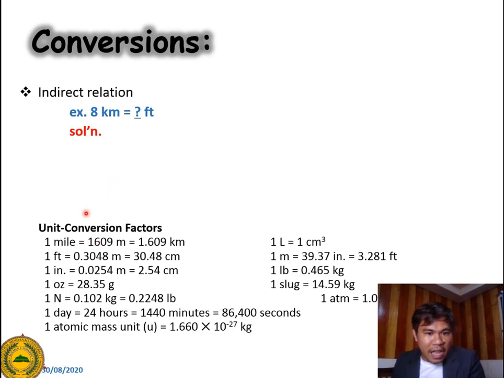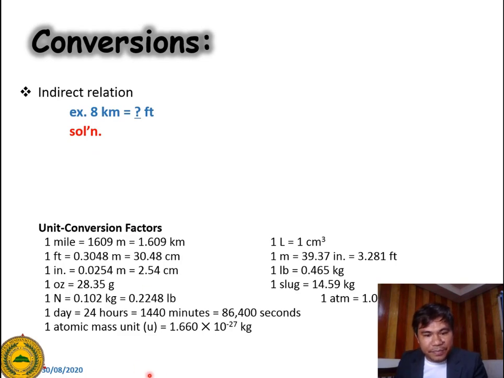In this case, kilometers are related to meters, and then meters go to feet. You need to perform 2 conversion factors. On this part here, you also have 1 meter to feet. So bottom line is when you convert 8 kilometers, you need to multiply simultaneously 2 conversion factors. That's why I call this the indirect relation.